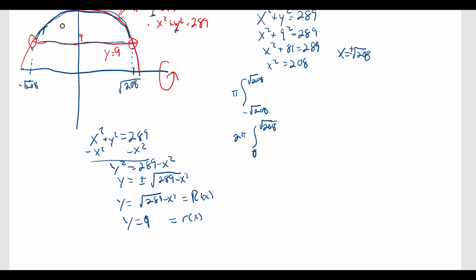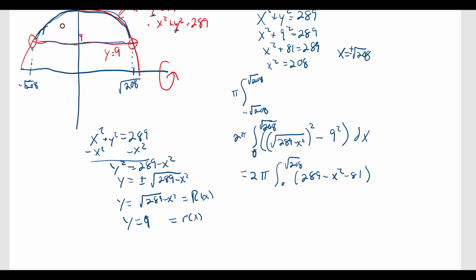So it's going to be 2 pi times the integral from 0 to the square root of 208 of the square root of 289 minus x squared, squared, minus 9 squared dx. That's 2 pi times the integral of 289 minus x squared minus 81 dx, or 2 pi times the integral from 0 to the square root of 208 of 208 minus x squared.